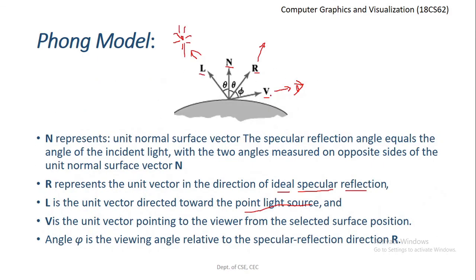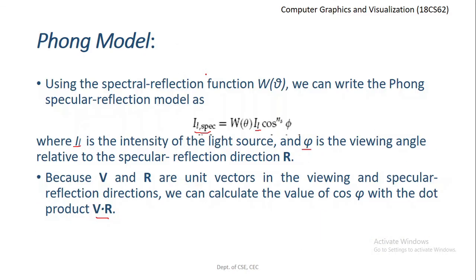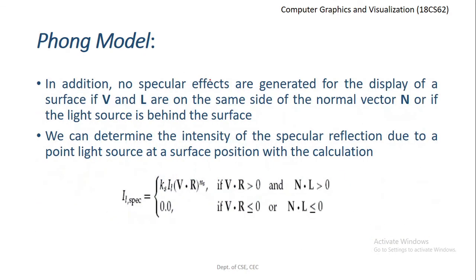If the vector v and the vector l are on the same side of the surface normal vector n, in that case, no specular reflection will be generated. Also, no specular reflection is generated if the light source is behind the surface. So we can determine the intensity of the specular reflection due to a point light source at a surface position.